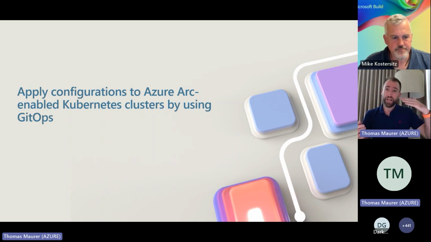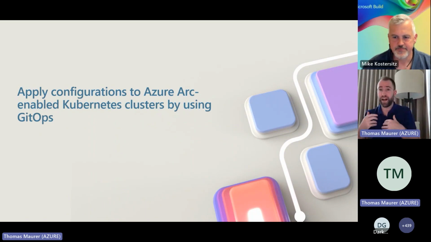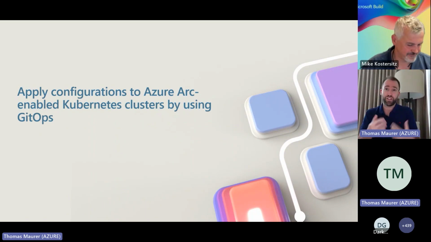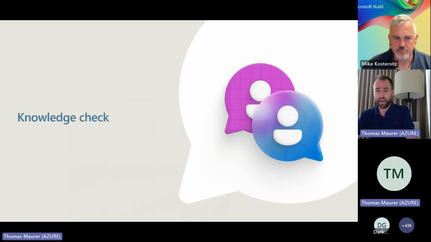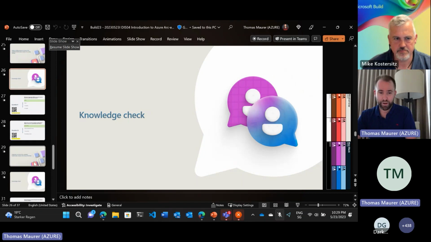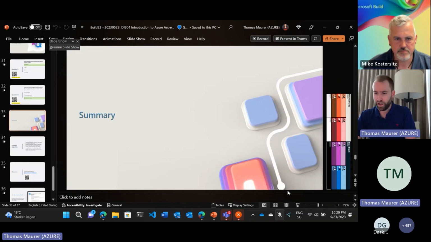It's super easy. You can do that with your AKS cluster in Azure, but also with any Arc-enabled Kubernetes cluster out there as well. So it makes it super easy to deploy applications in a kind of DevOps mode. We're also going to switch here really quickly, not going through that knowledge check just because of time.